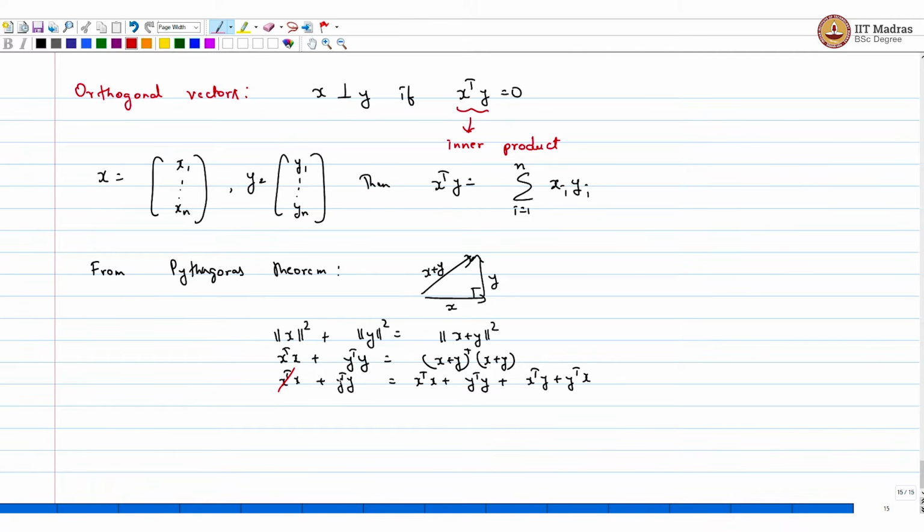Now this cancels off, so you get 2 times x transpose y equals 0, which implies x transpose y equals 0. This is the same as saying x is orthogonal to y.